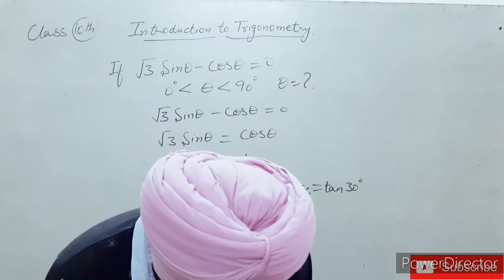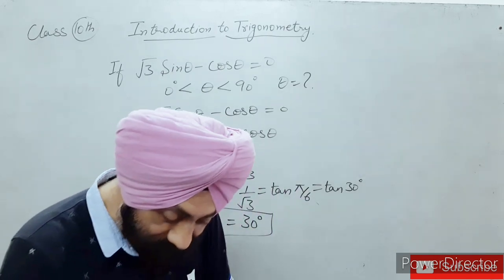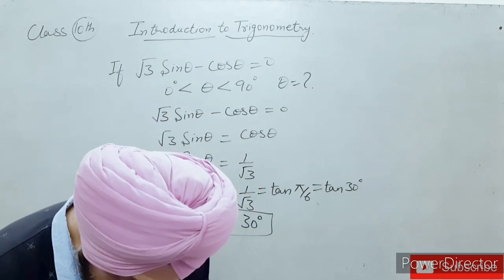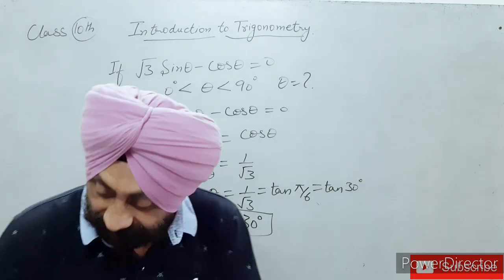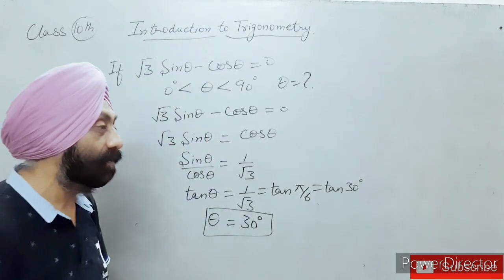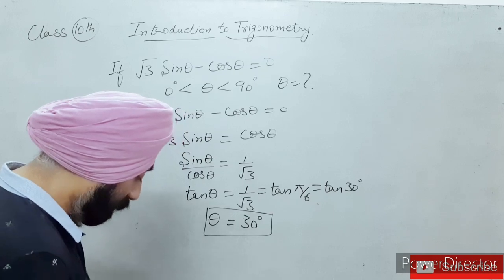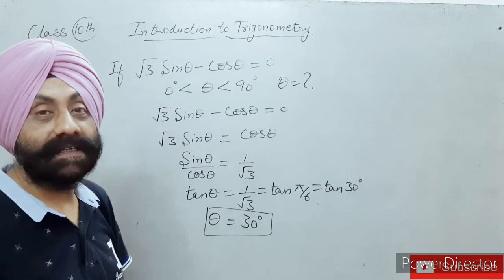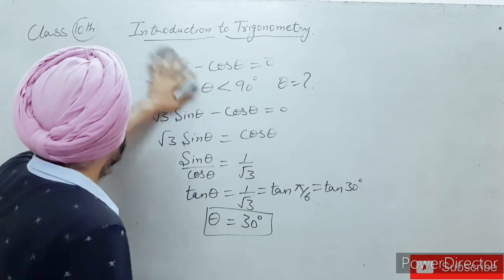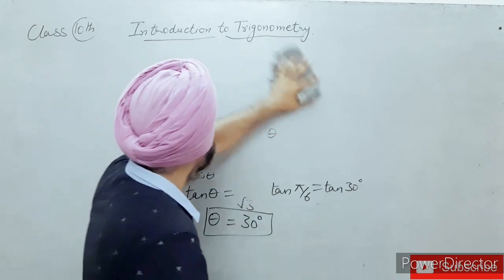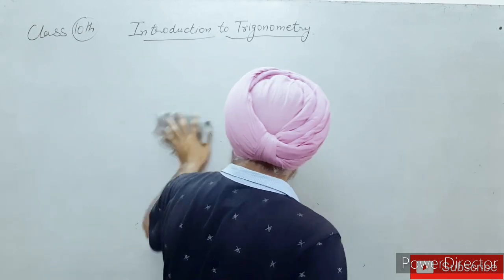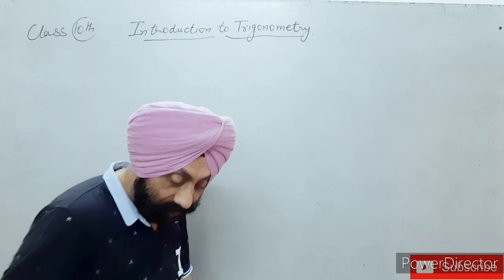Now, I will do one question based on the concept of those complementary angles which we did. Sine of 90 minus theta equals cos theta. Cos of 90 minus theta equals what? And so on. We will use that concept over here.